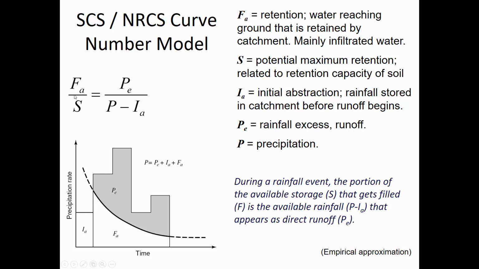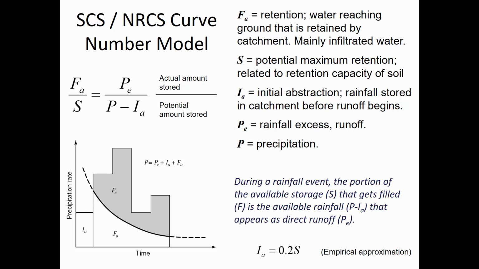I'll show you how to calculate S in just a moment. But the model says that the ratio of those two things is the same thing as the ratio of the runoff to the difference between the precipitation and the initial abstraction. So in other words, the amount that's actually stored versus the potential storage that could occur.